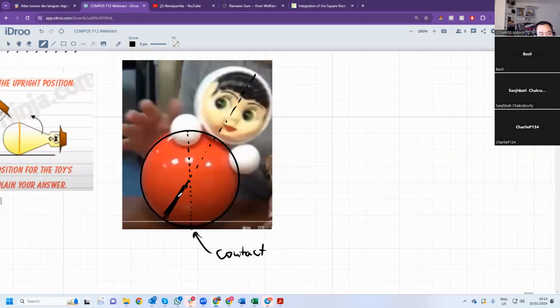Okay, so a likely position of the center of mass is, let's say, here. Because if the center of mass was here, it would fall over. If the center of mass was here, it wouldn't come back to its original position. So the center of mass has to be to the left of the point of contact.